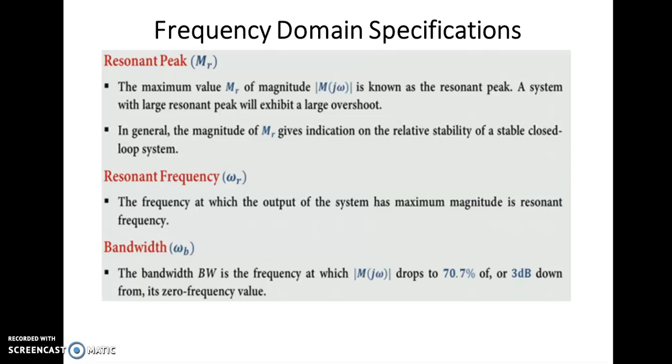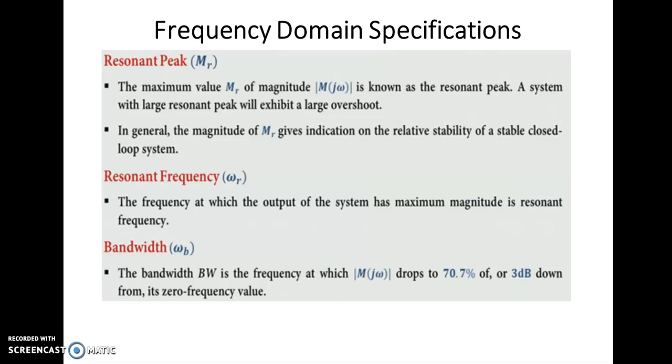The resonant frequency is denoted by omega r. It is the frequency at which the output of the system has maximum magnitude. At this frequency only, we can get the resonant peak.